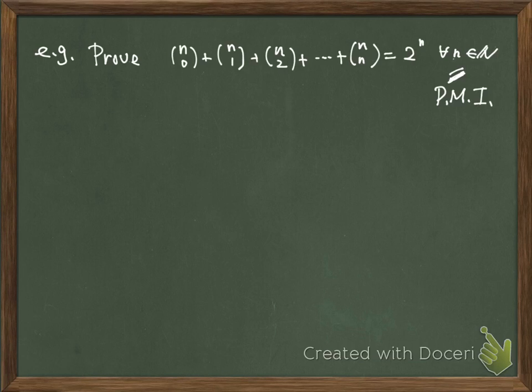You need to verify the initial case, and then assume an induction hypothesis, assume that the identity is true for n equal to k, and then try to prove this identity where n is equal to k plus 1. Okay, that definitely works, but it is going to take a little bit longer than the following method I will show you.